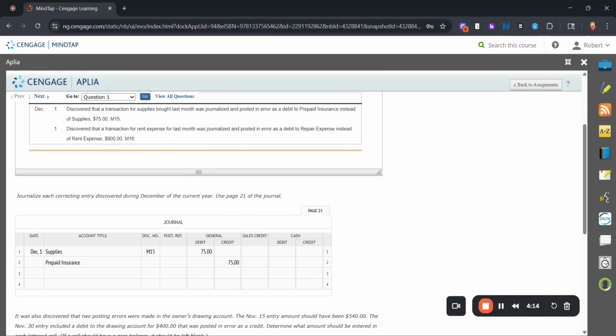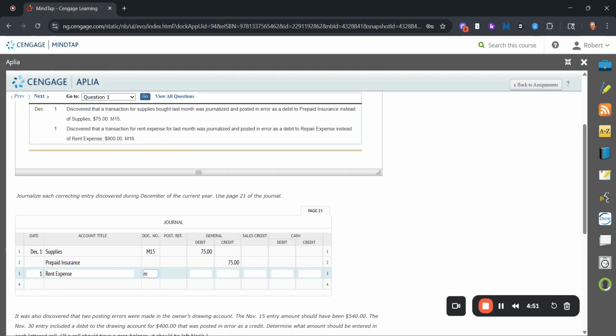Now we have the next one. It's again December 1st. Discovered that a transaction for rent expense last month was journalized and posted in error as a debit to repair expense instead of rent expense. So we basically have to do the same thing. We're going to fix the rent expense account first to make sure it gets properly posted.